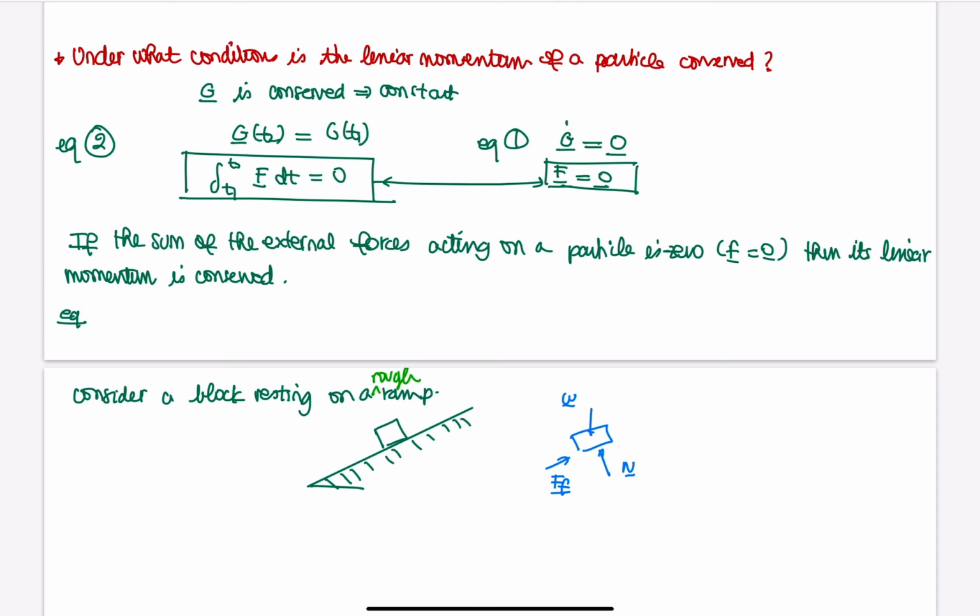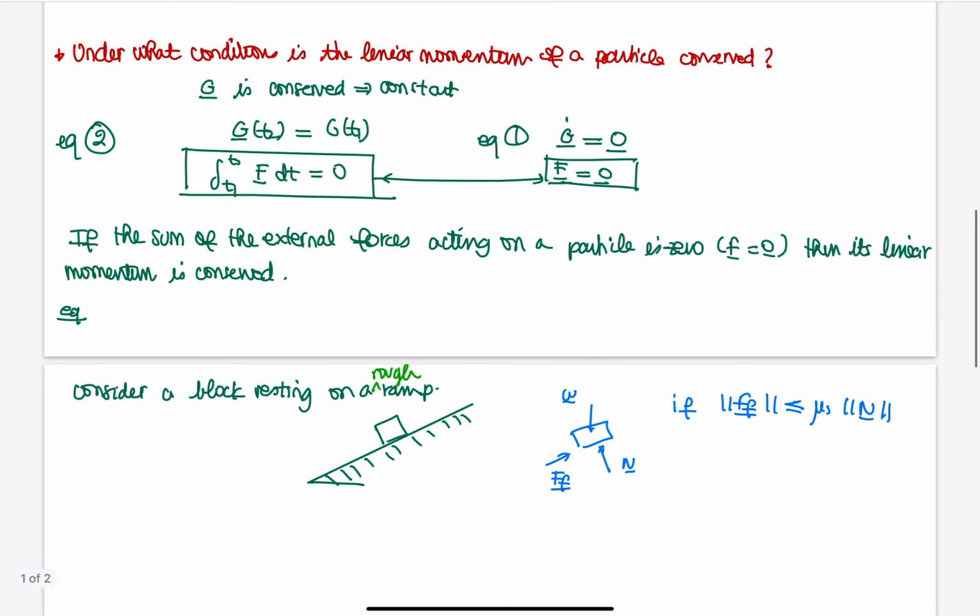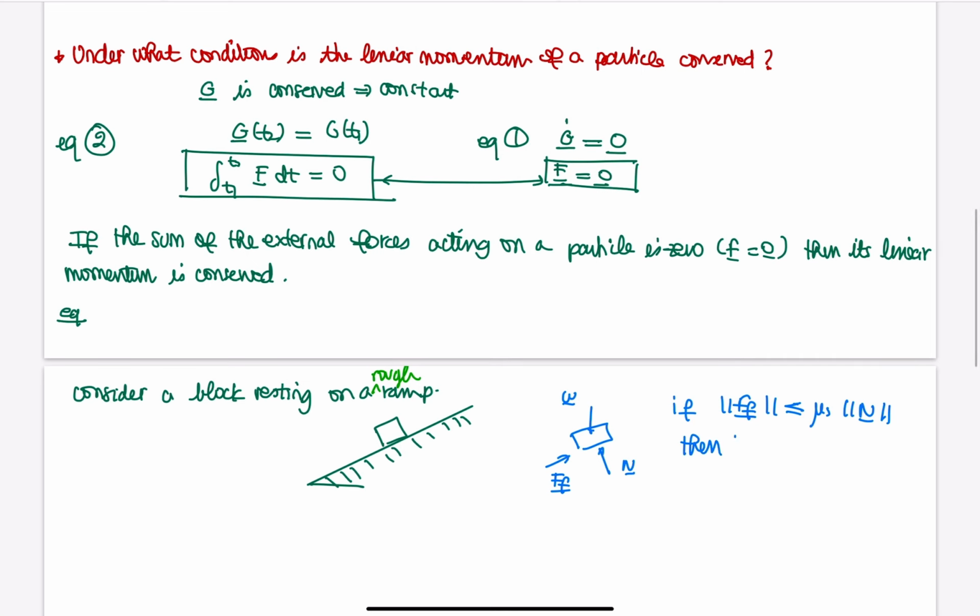Okay. If the static friction criterion is satisfied, the magnitude of the friction force is less than or equal to mu s N, then the block is sticking to the fixed surface.